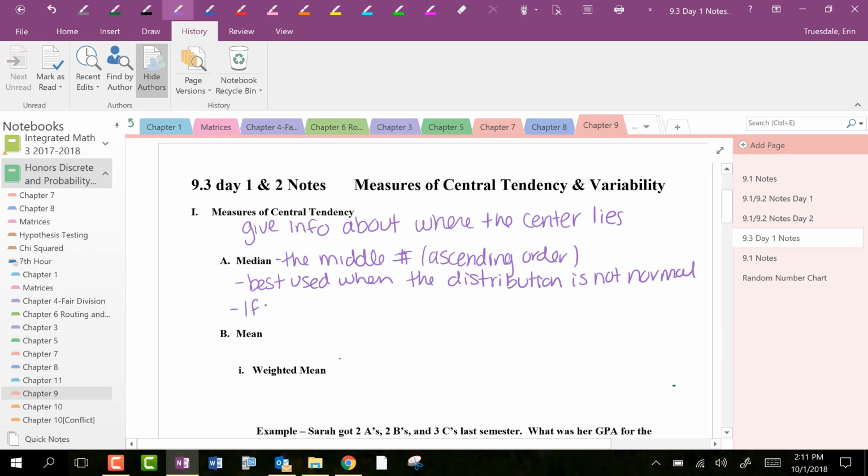You probably learned this a while ago, but if there are an even number of data points, then the median is the average of the two middle points.